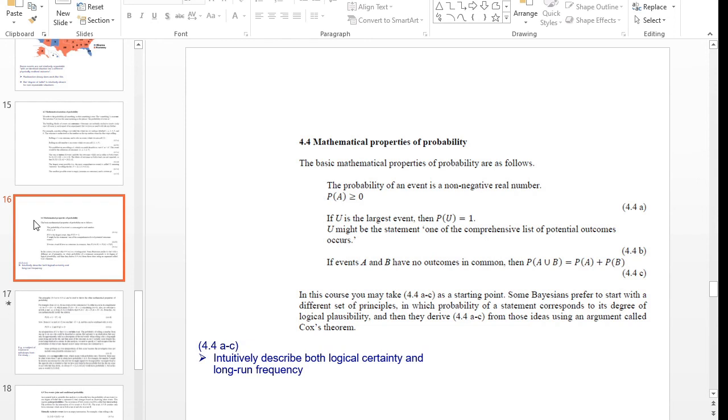And 4.4c, the third law of probability, is to do with adding up the probabilities of events which have no outcomes in common.